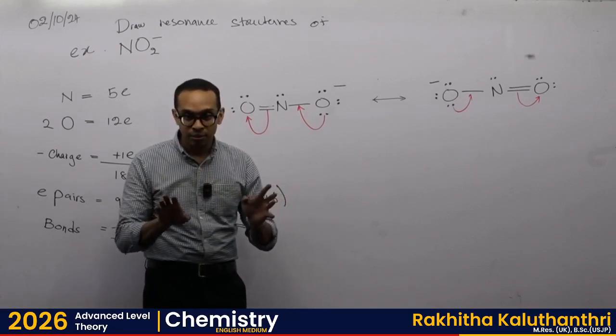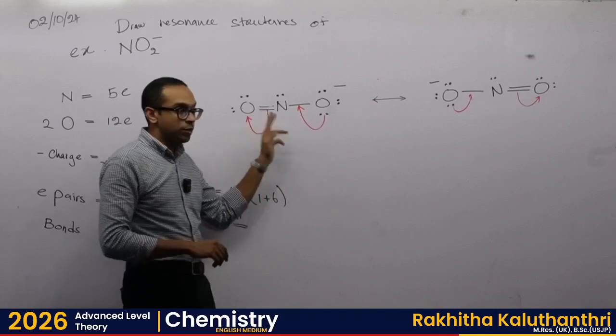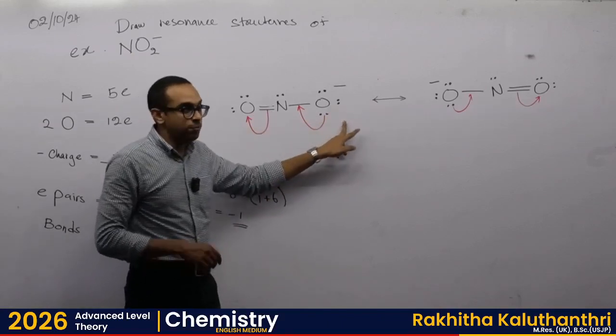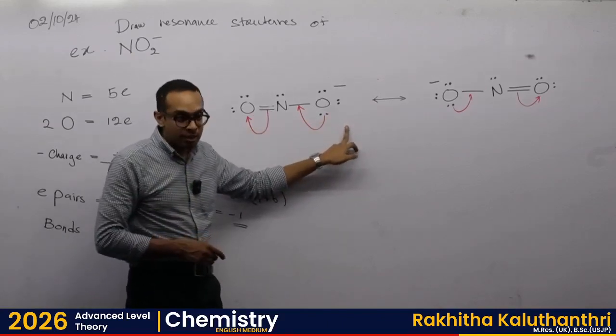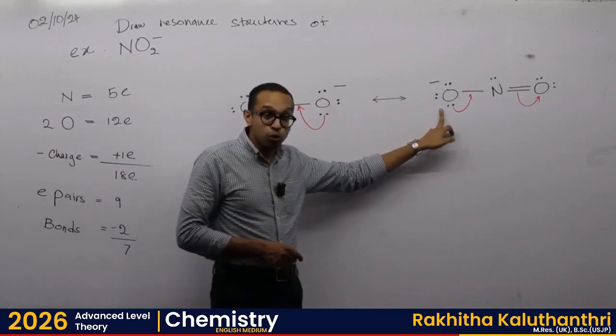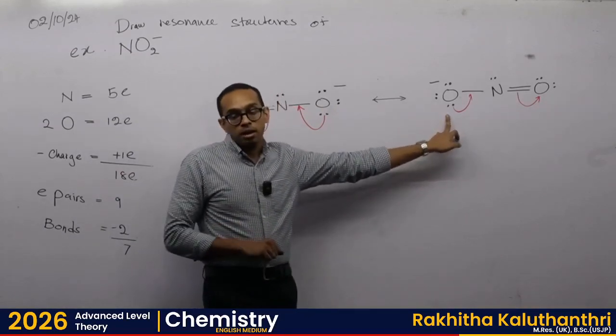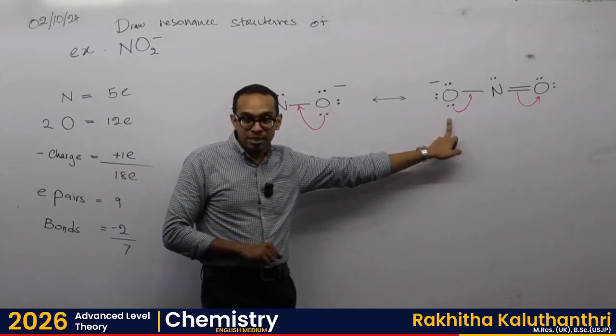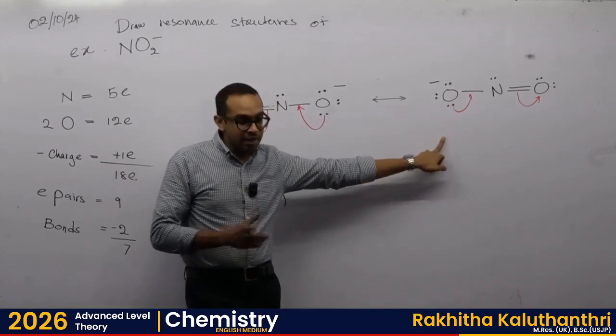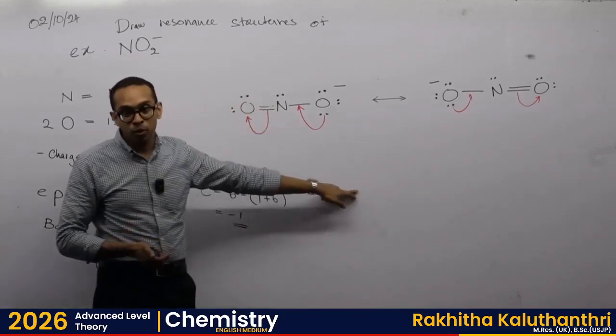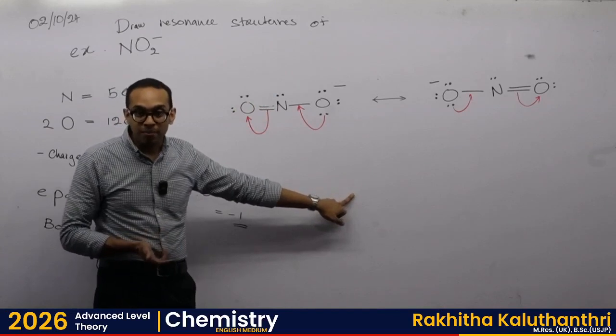For example, one molecule can have 3 bonds and let's say 4 lone pairs. The other one can have, let's say, 2 bonds and 5 lone pairs. But altogether, the added value of the lone pairs and bond pairs should be the same.